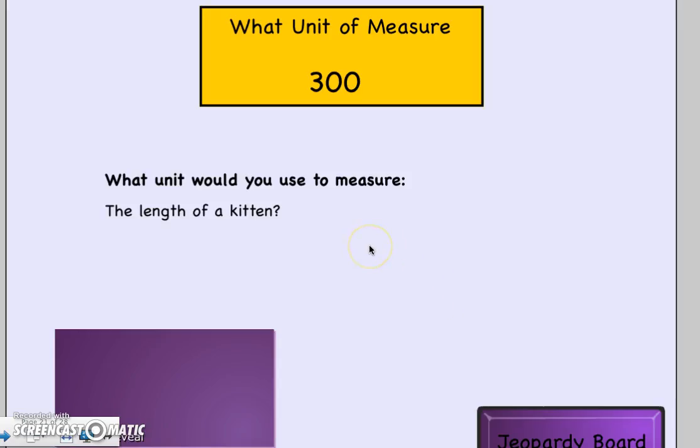What unit would you measure? So the length of the kitten. So students would have been exposed to different types of units, and they have to think what would be the appropriate tool that they would use to measure that item.